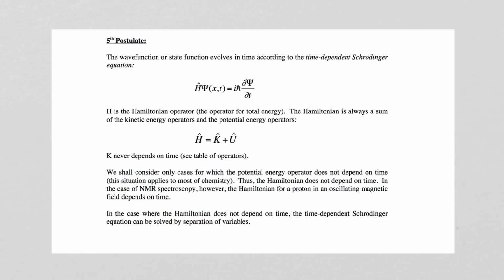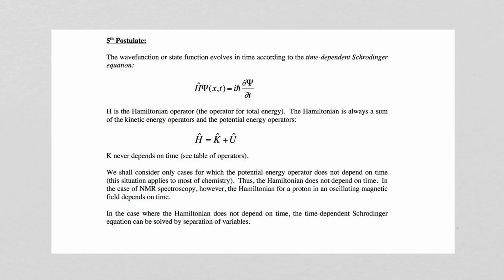It represents the operator for the total energy of our system, and we know that our total energy is always the sum of the kinetic energy and potential energy. So this total energy operator will be valid for any system. This is always going to be the case for our total energy.